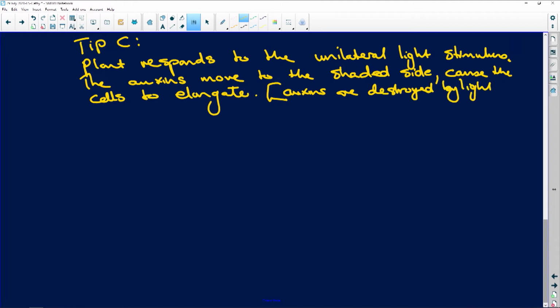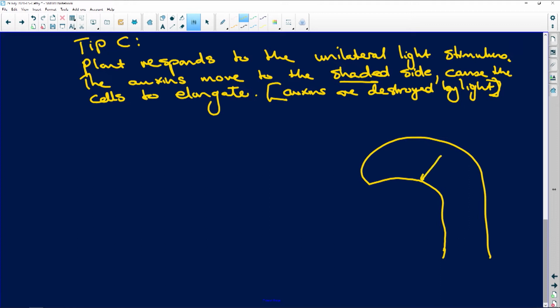That's why they will move away from the light. They move to the shaded side. So the tip does this, because the auxins are all going to gather here on the shaded side.